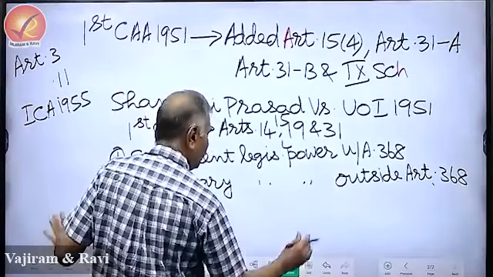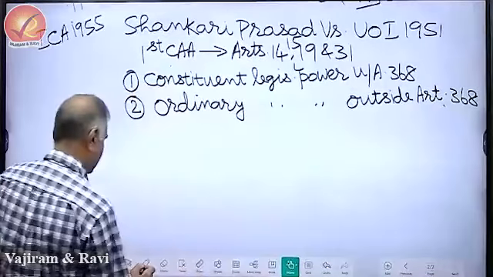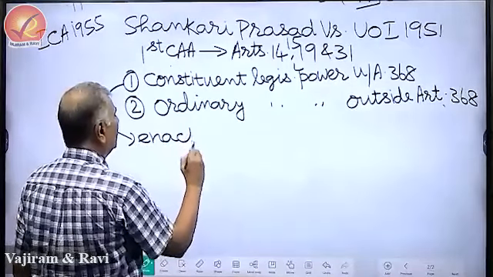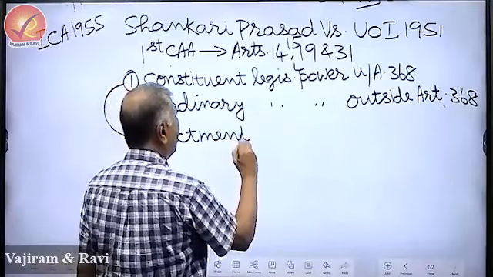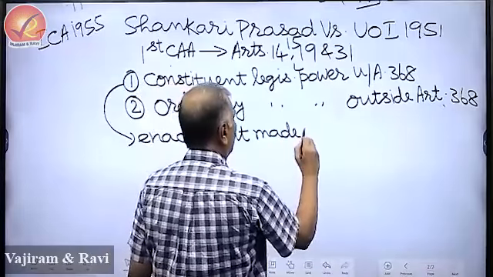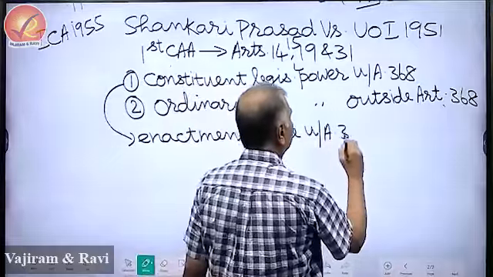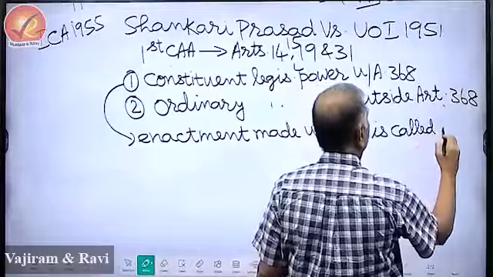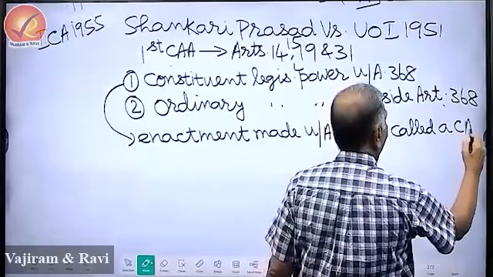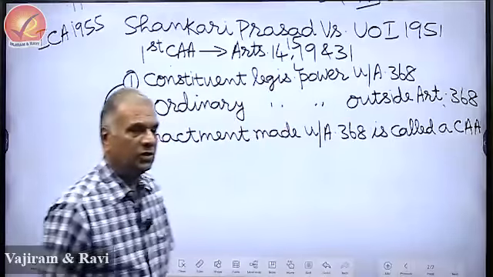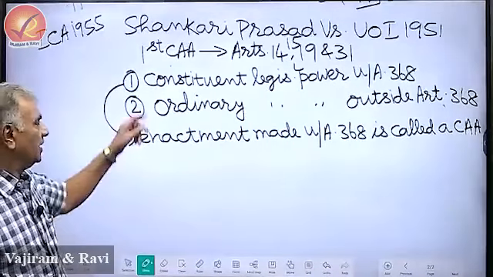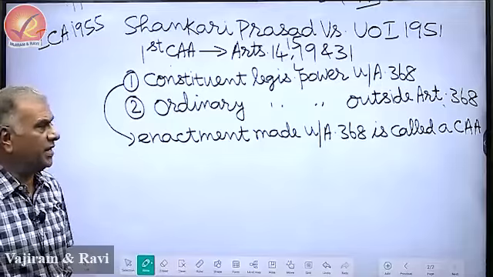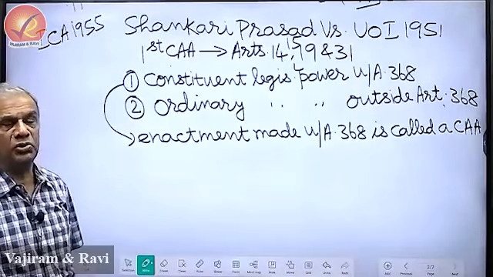Now further, the Supreme Court in this case stated that any enactment made by the Parliament under Article 368 is called a constitutional amendment. So the court also clarified that any enactment made by the Parliament under Article 368 is called a Constitutional Amendment Act.